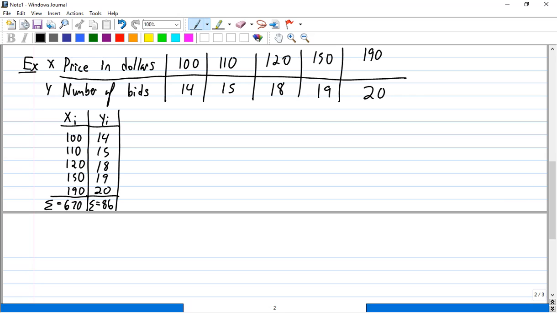So we know we need the sum of x and we need the sum of y in our formula. We also need the sum of x times y.